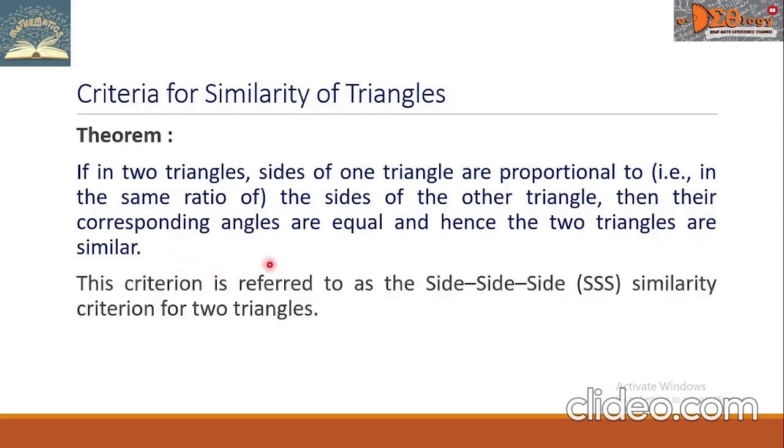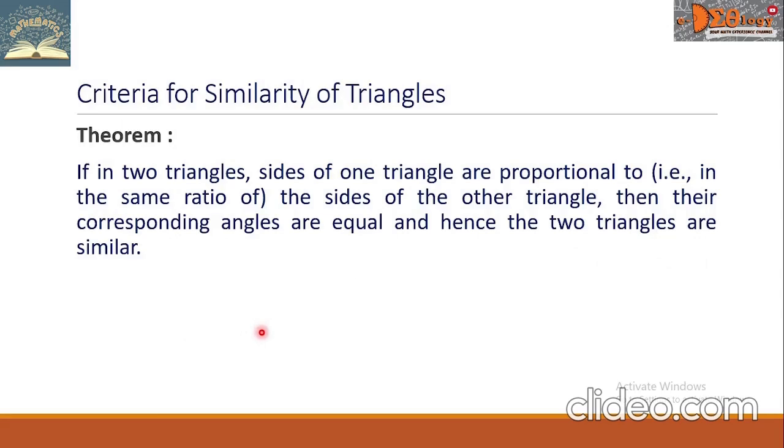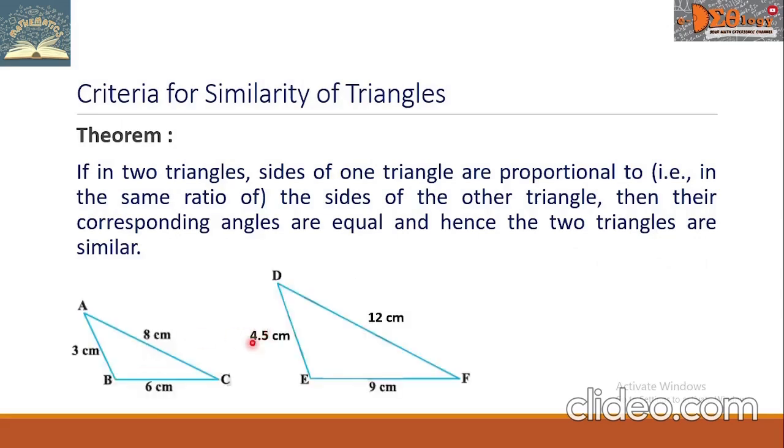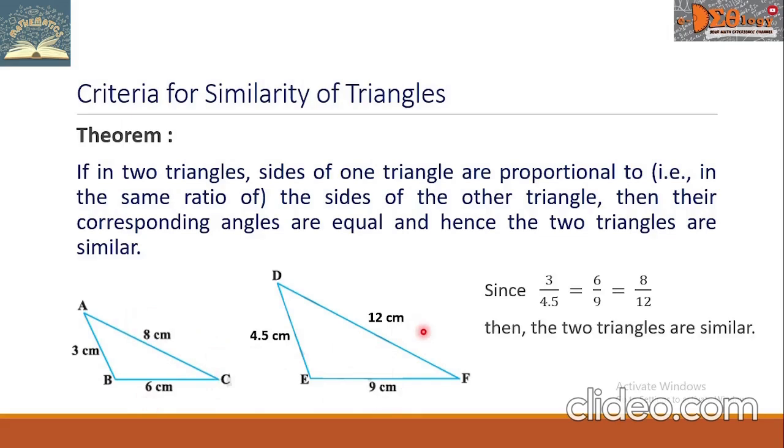This criterion is referred to as the side-side-side SSS similarity criterion for two triangles. Example, we have the two triangles here. Since 3 over 4.5 is equal to 6 over 9 and also equal to 8 over 12, then the two triangles are similar.